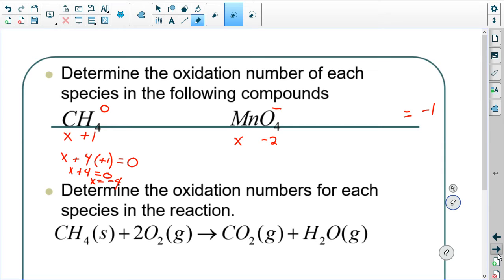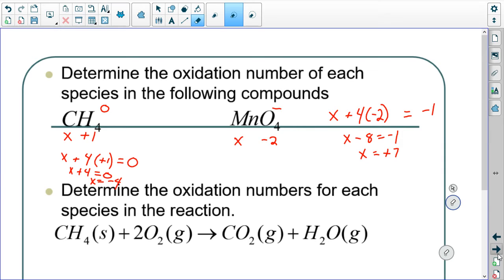We don't know what it is. So again, I have 1 unknown. I'm going to add that to 4 oxygens, each with a -2 charge. X minus 8 is equal to -1. X is equal to +7.